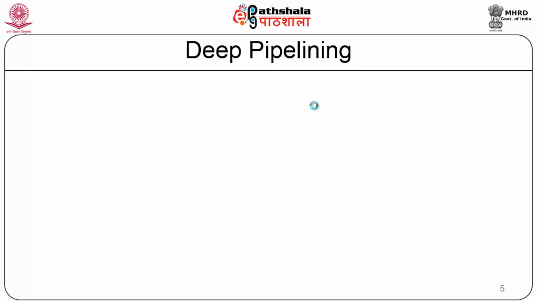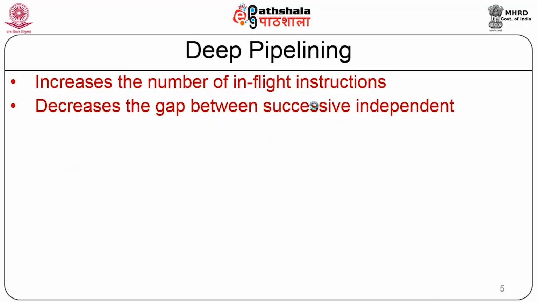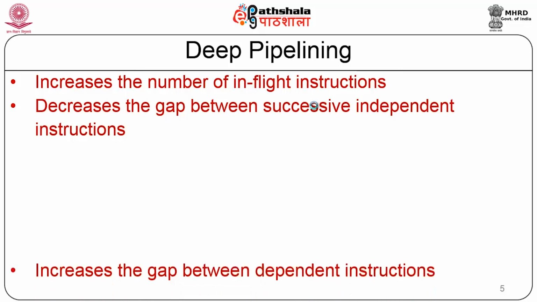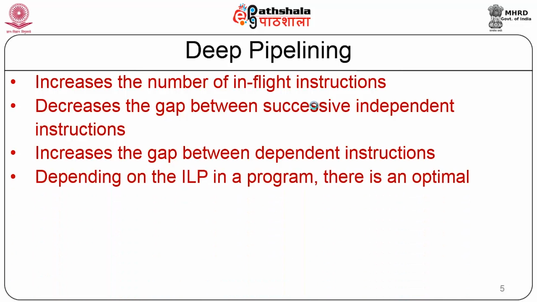Now, what happens when we try to do deep pipelining? We will first of all look at the effects of pipelining and see how we look at other methods. Deep pipelining is when you try to increase the number of stages in your pipeline. As you increase the number of stages, it obviously increases the number of in-flight instructions. It decreases the gap between successive independent instructions, but it increases the gap between dependent instructions because you have more stages now.